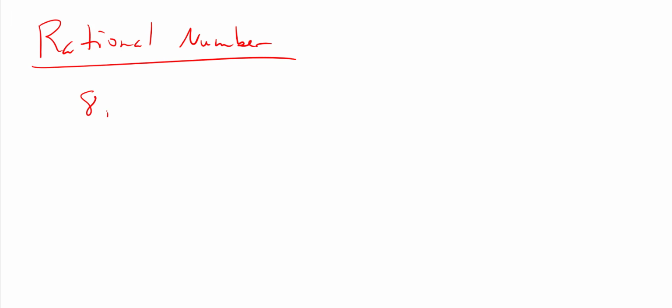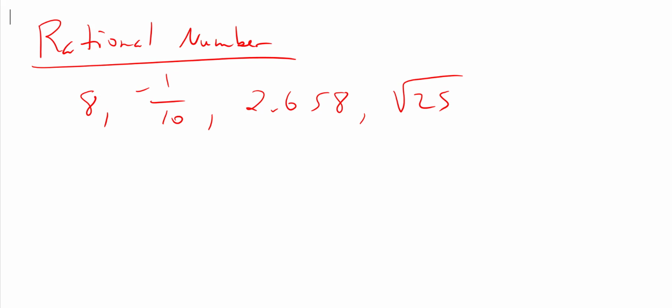So 8, negative 1/10, 2.658, square root of 25, which is 5, square root of 9, which is 3, square root of 1, which is 1, the number 0, negative 80,000. Those are all rational numbers.